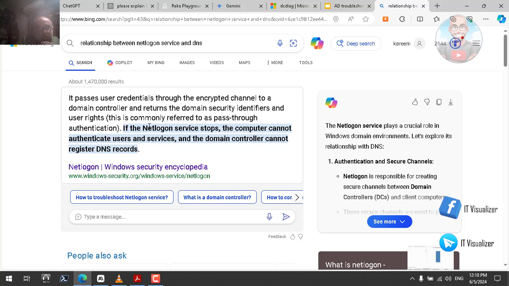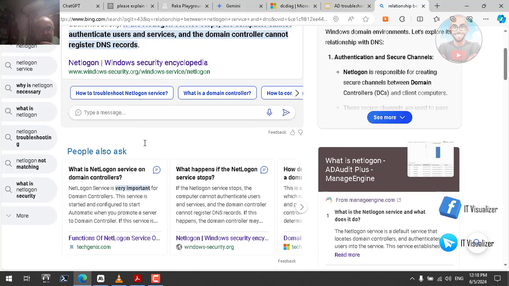If a computer is trying to authenticate itself to the domain controller, it should ask the Netlogon service to do so. If it's not working, it will not register the computer to the domain controller in the DNS records. But this is not a straightforward answer.